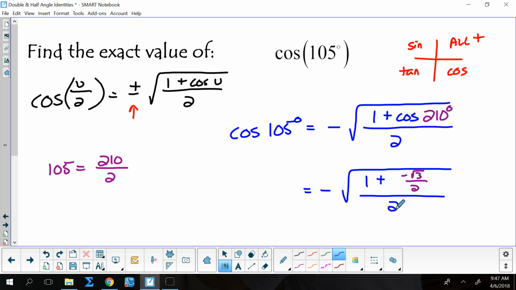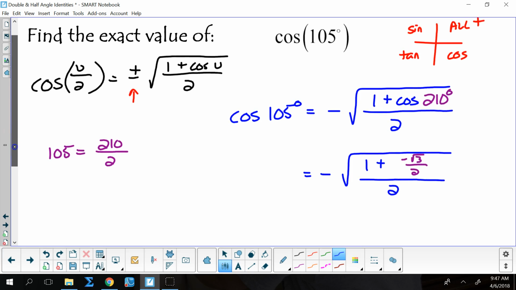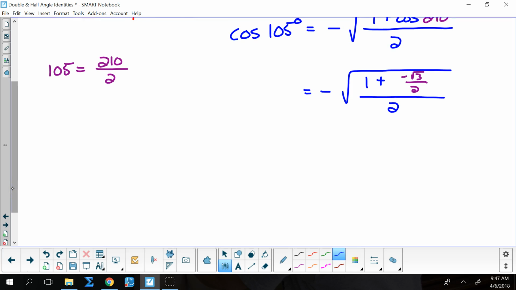Now, that's kind of a funky looking fraction inside of a radical. We got a radical inside of a radical and a fraction in a fraction and a fraction. You know what I mean? Okay? So we got to do some math stuff to clean that up a little bit. Really what I'm doing is looking just at that inside fraction, right?